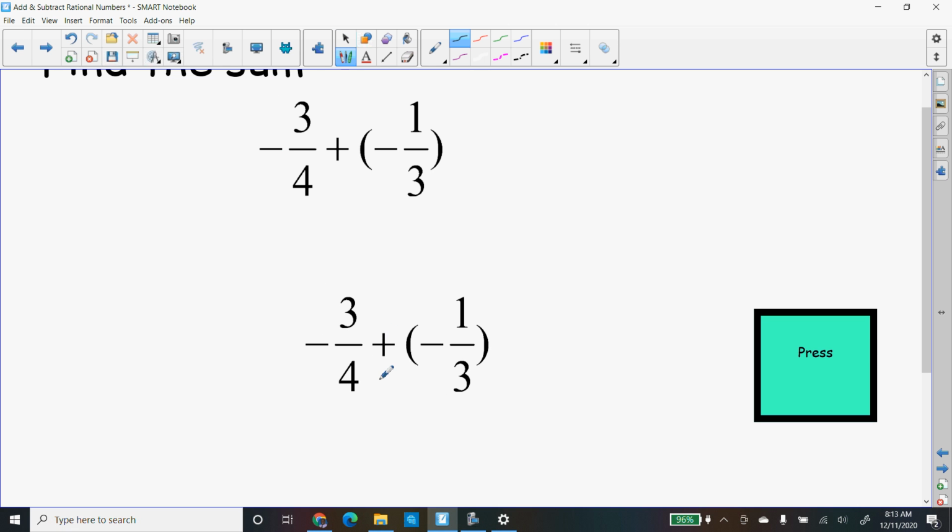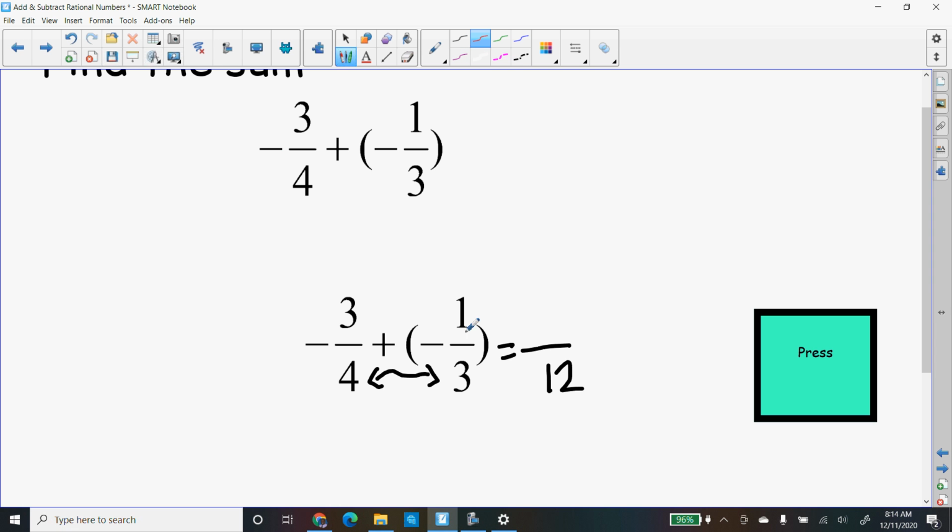So first step, I'm going to multiply the bottom numbers. That'll give you a new denominator. 4 times 3 will give you a new denominator. You are halfway finished your answer. Really? So if you had a multiple choice, you could almost guess your answer and you might be correct.